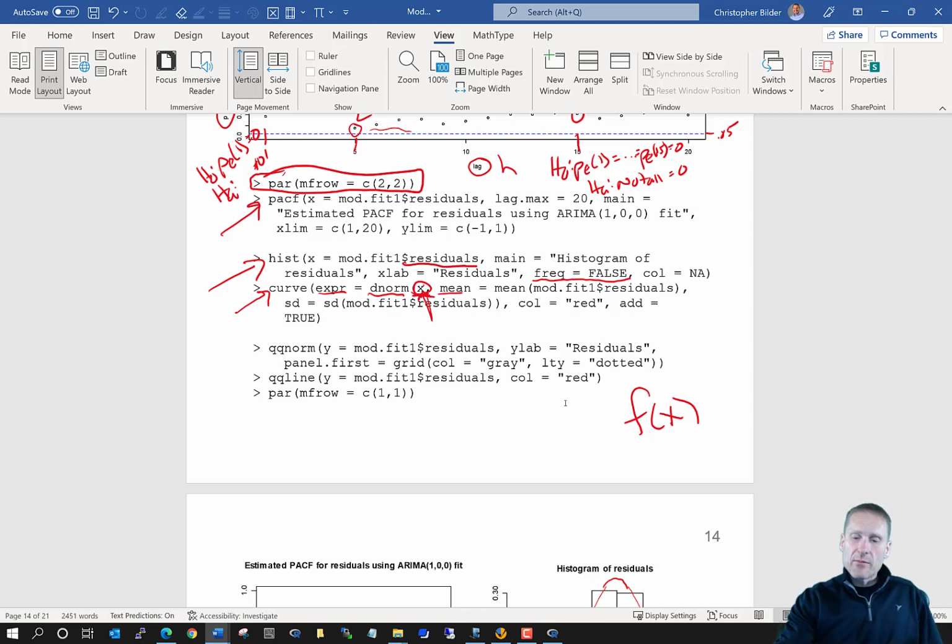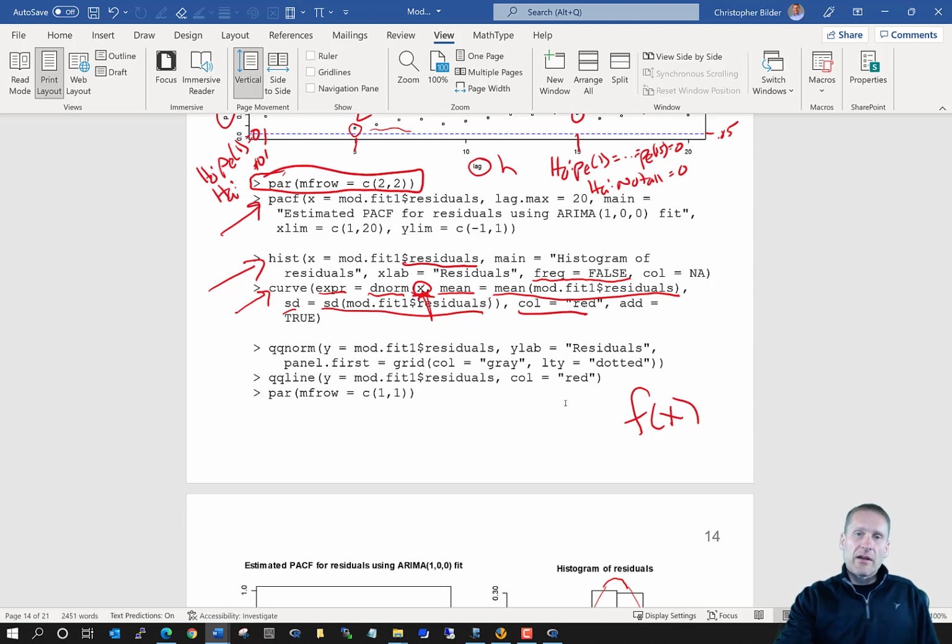And what's the mean of my normal distribution? Well, how about we just use the mean of the residuals? What's the standard deviation of my normal distribution? Well, the standard deviation of those residuals. It seems like a reasonable thing to do because we're checking for normality. I don't care what the mean is. I don't care what the standard deviation is. I just want to know, does this fit a normal distribution?